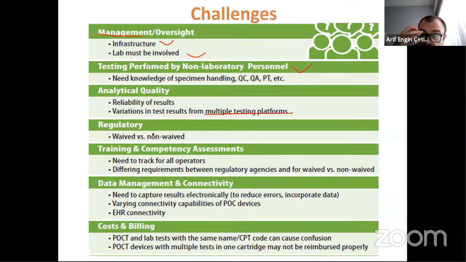So again, the reliability is also low because of the interpretation side. The cost and billing is okay for POCT tests, but because of the low reliability and wrong usage, the cost and billing could be higher than expected.